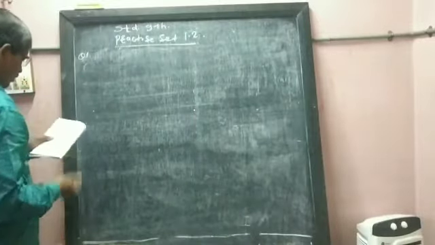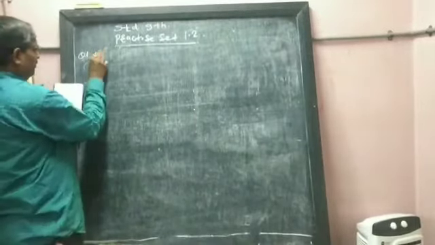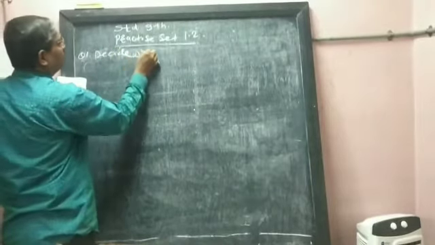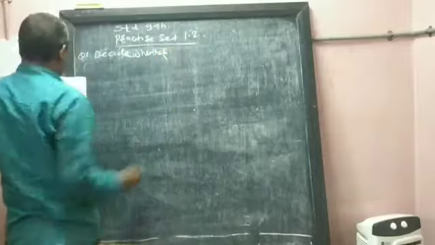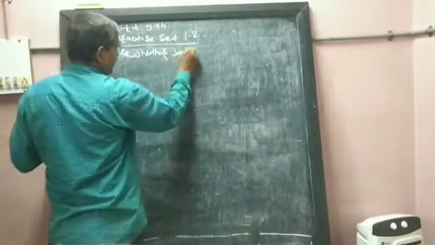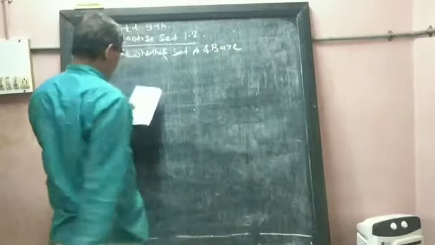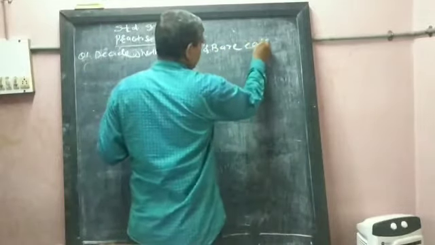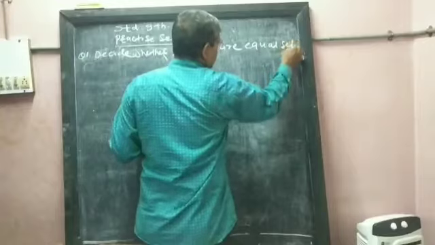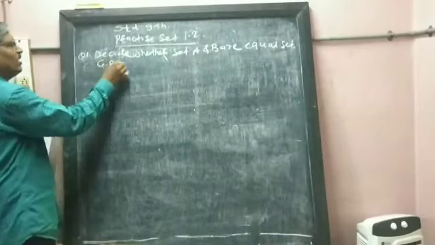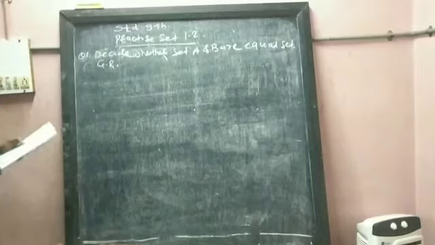Now question number 2, decide whether sets A and B are equal sets, and justify, or even here also give a reason like in science.